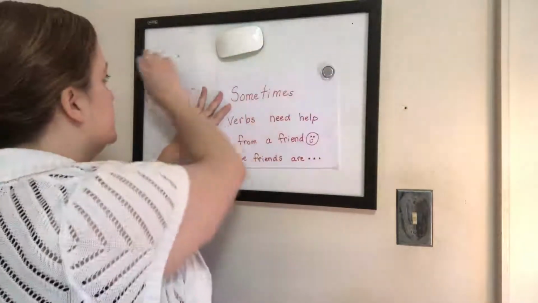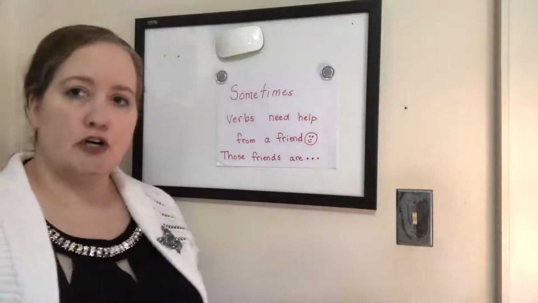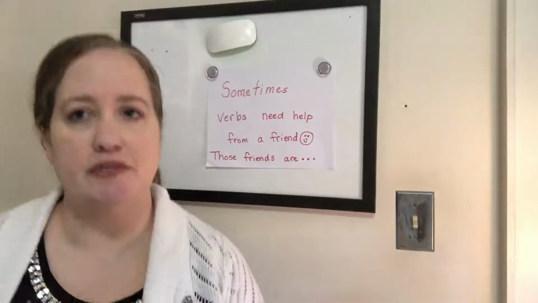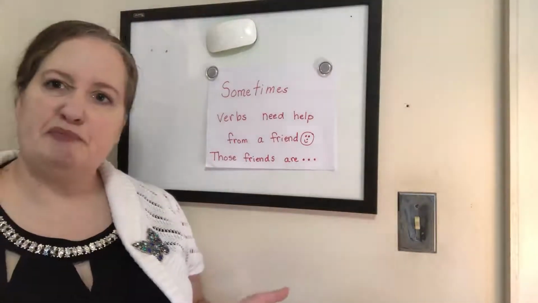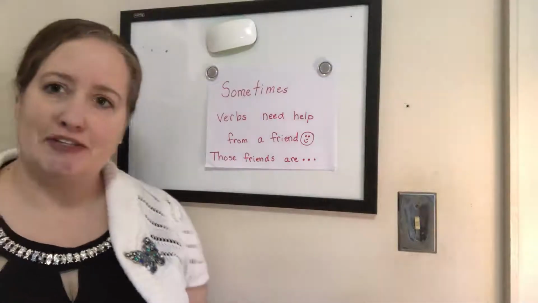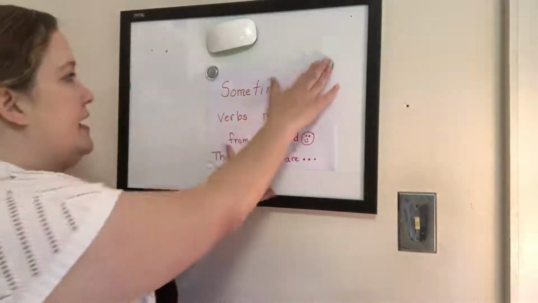and we are going to start by talking about helping verbs. Sometimes verbs need a little help from their friends, and those friends are words. And here are the words that are the helping verbs.